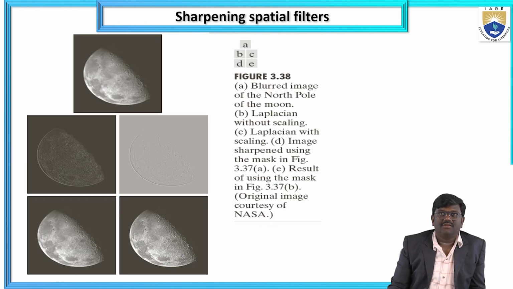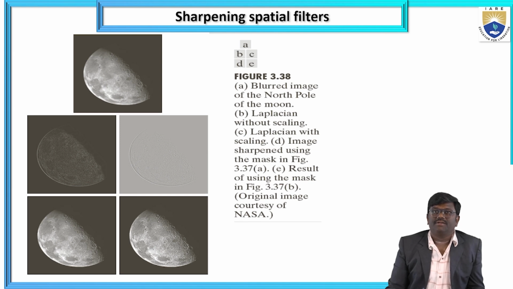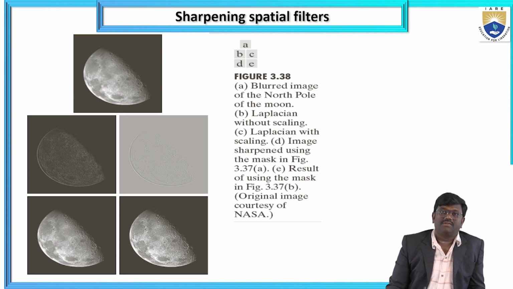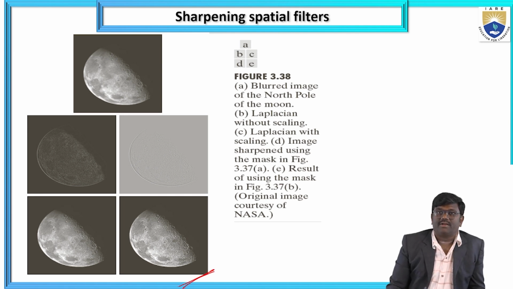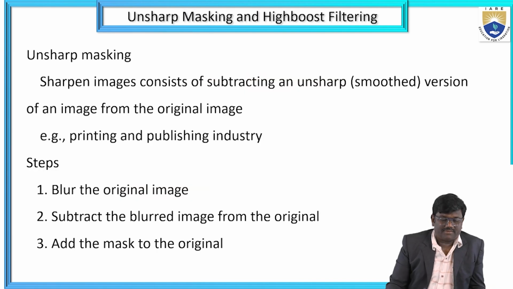So you can see this sharpening based on the Laplacian method: the Laplacian with scaling, and the image is sharpened using the mask in the figure. The resultant image is shown here from the original. These images were used in the environmental department at the NASA center.